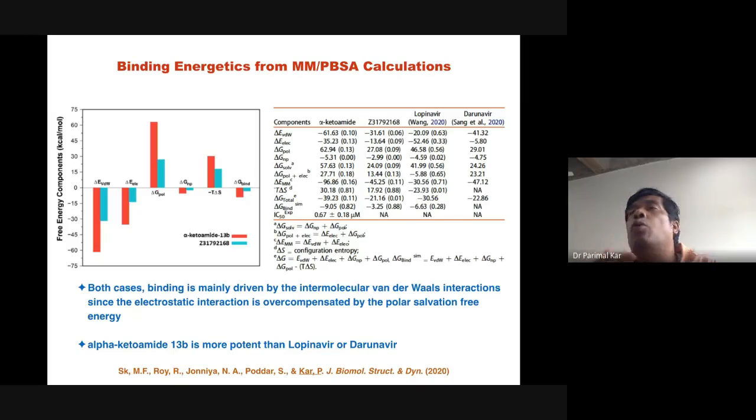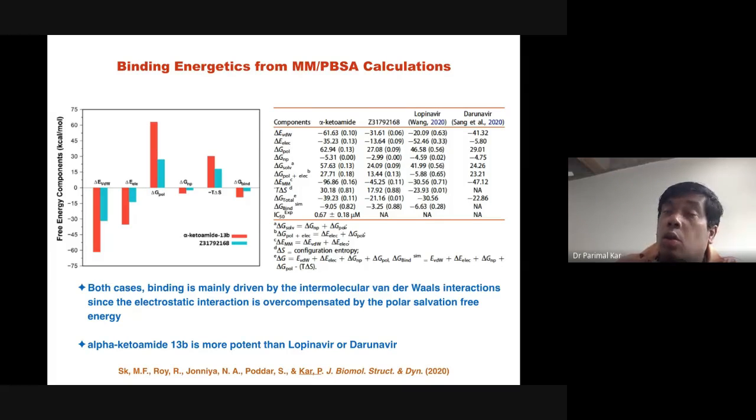Since both of these two terms are electrostatic in nature, you can sum them together. Now if you look at the table at this delta G pol plus elec, you see that for alpha ketoamide it is 27.71, that is positive. And for Z3179268 it is also positive, but it is half, 13.44.